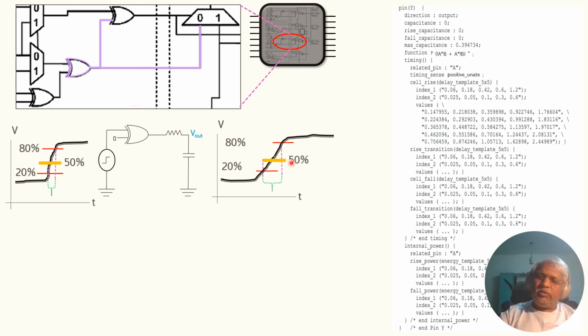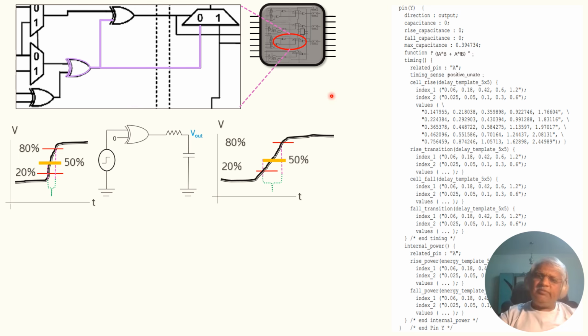However, you will note that this load value, which is the load of this net, is well within the limits of this cell's library. The maximum capacitance characterized for this cell is 0.6, so it will be able to figure out the rise transition also. The maximum transition is not crossed, because the transition at this point is 0.18 and the load is 0.05.